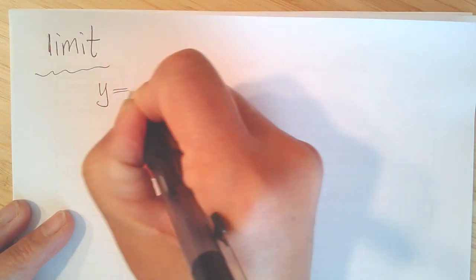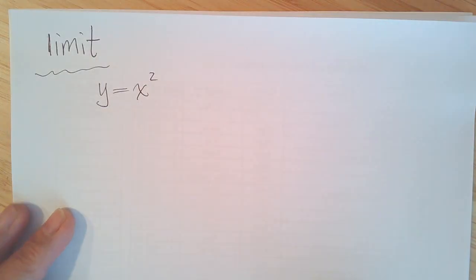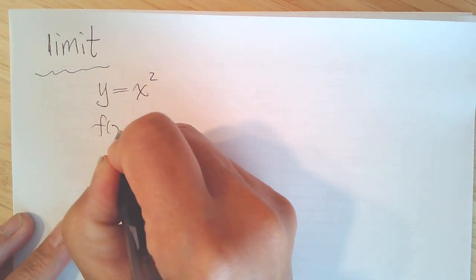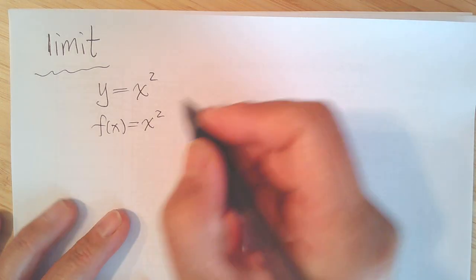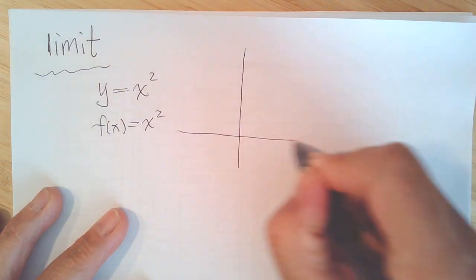What does that mean? For example, y equals x squared. This is a function, or f of x equals x squared. It's a function we know, and if you graph it, it looks like this.